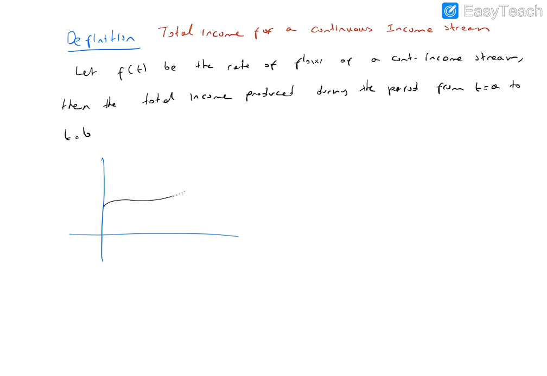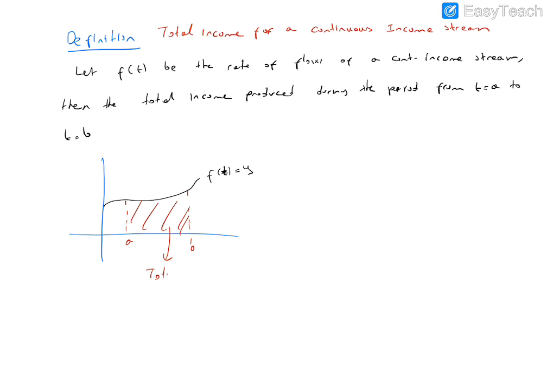Okay, geometrically we can explain. We have a rate of flow for the continuous income stream. For example, this is the f of x or f of t. Generally, we denote it by t, y equals f of t.